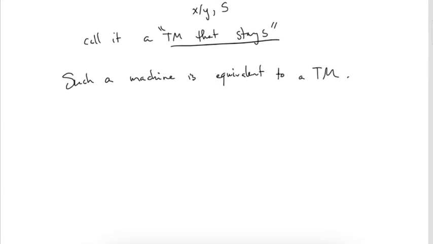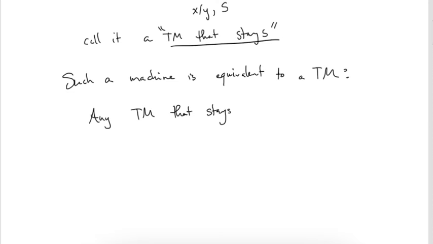I think it would suffice to explain how, if you had a Turing machine that stays put, could you somehow convert that into a Turing machine that always moves to the left or to the right? So I'm going to try to explain how any Turing machine that stays, this is a simple idea, but I'm going to use some specific terminology here.